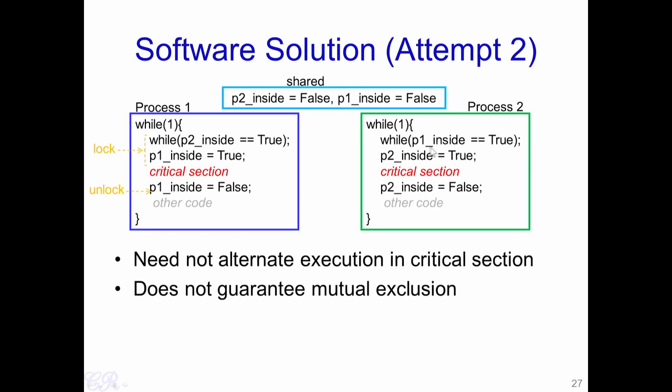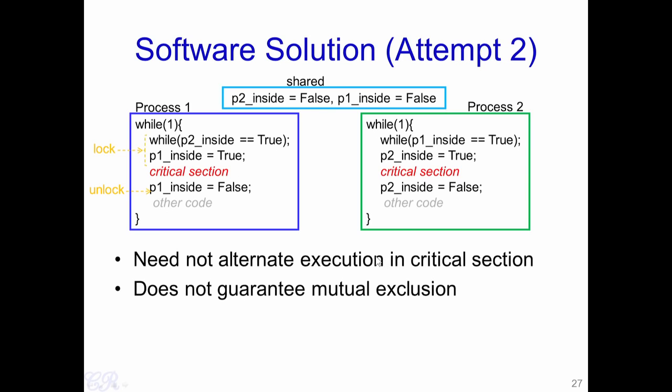After it obtains such a condition, the while loop is completed and execution comes over here, where process 2 sets P2 underscore inside equal to true, indicating that it is inside the critical section, and at the end of the critical section, just before exiting, it sets P2 underscore inside equal to false.